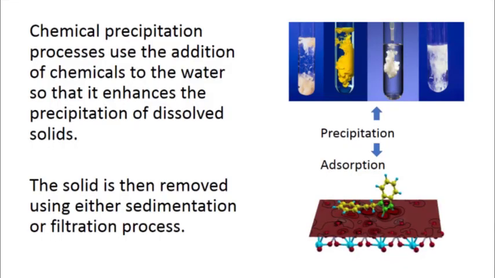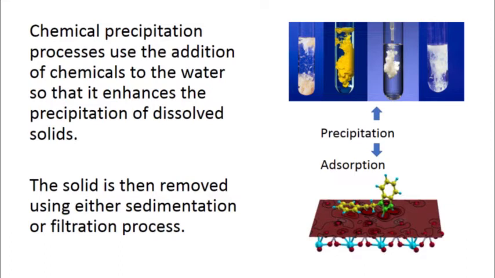Next, coming to chemical. Chemical treatment systems in water pollution control include those processes which use chemical reactions to remove the water pollutants or to form less toxic compounds. Typical chemical treatment processes are chemical precipitation, adsorption and disinfection reactions.